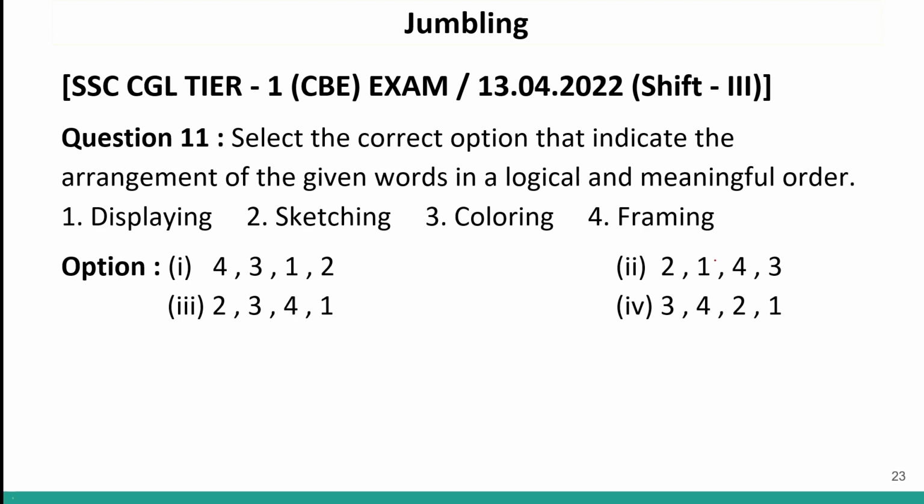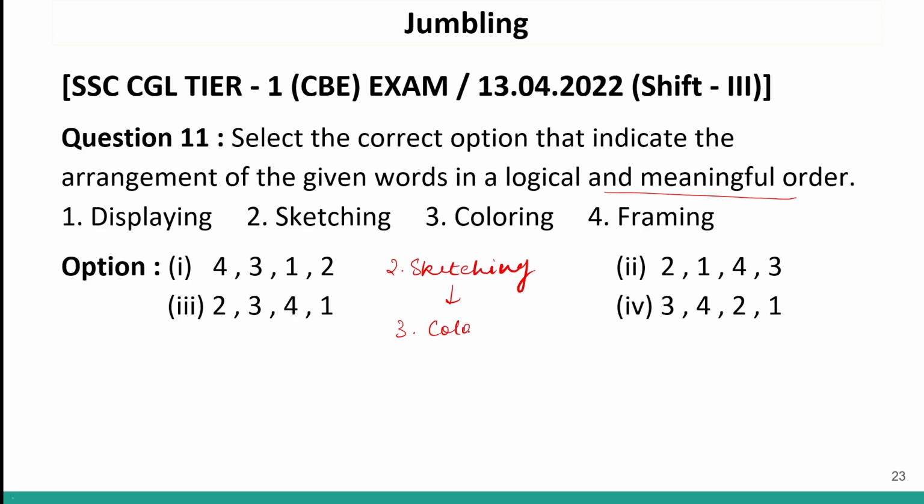Okay? Now, similarly, we have to arrange the following in a logical and meaningful order: displaying, sketching, coloring, and framing. So the first thing that you do is you make a sketch. So the first thing will be sketching. When you have a sketch, you will start coloring it.